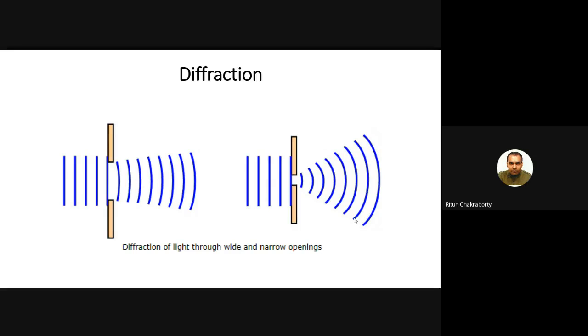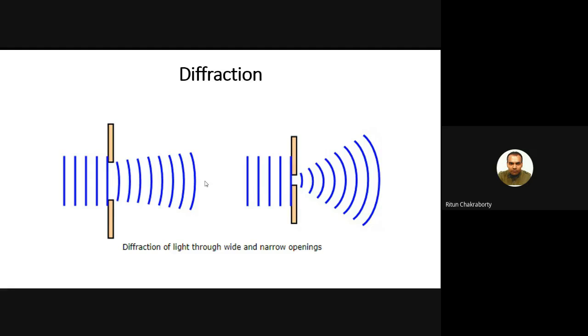That means this deviation or diversion of light from its original path is much more pronounced than in this particular case. Why? Because in this case the opening is quite wide, but in this case the opening is very narrow, and because of this narrow opening, this diversion is very pronounced. I hope this is clear to you.